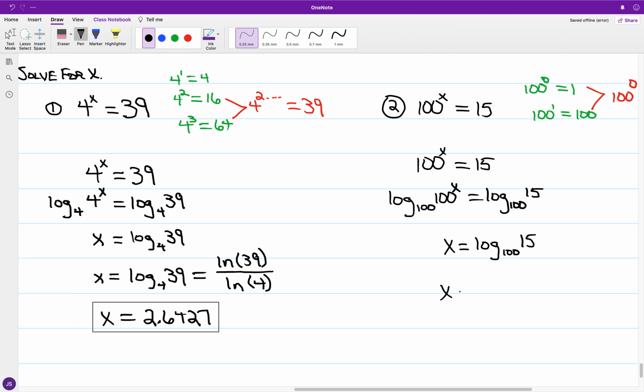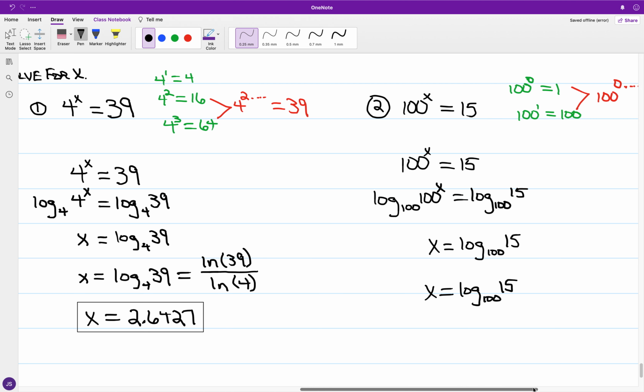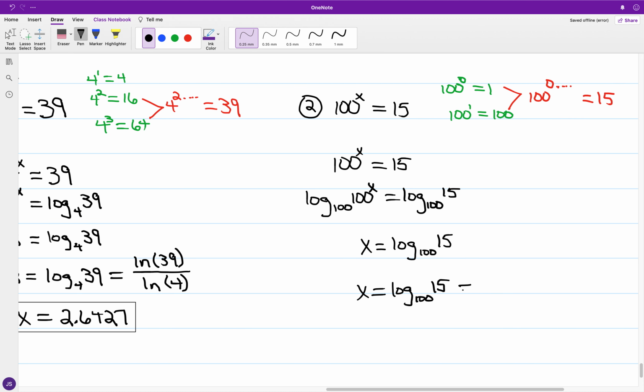And to determine this with the change of base formula, I can go with ln once again, but this time I'm just going to go with log. So I have the base 10 logarithm of 15, where m is represented by 15, over the base b logarithm of a, which we have represented by the base 10 logarithm of 100.